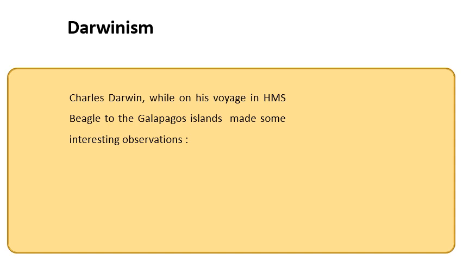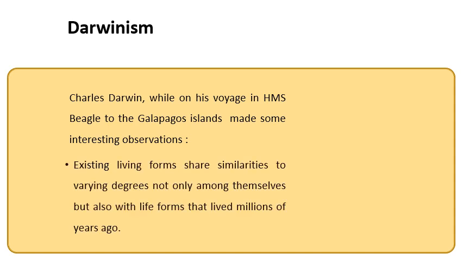During his voyage, he took notes on the flora and fauna present in the Galapagos Islands. He also made extensive collections on the flora and fauna. Finally, Darwin published a book, Origin of Species by Natural Selection, in the year 1859. This is about the biography of Darwin.